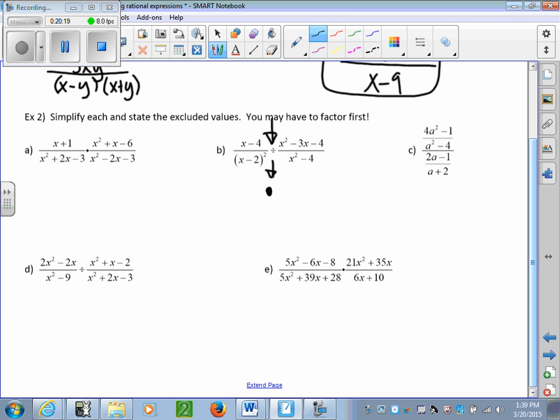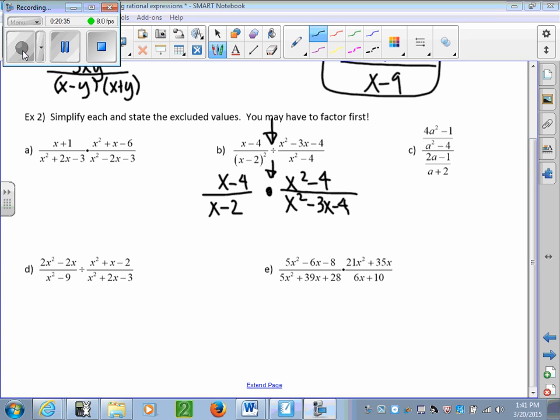So dividing to change to multiplication, I end up with an x squared minus 4 in my numerator, divided by an x squared minus 3x minus 4 in the denominator, and I have x minus 4 and then x minus 2. The first fraction doesn't change. Okay, to see what cancels out, though, first I need to factor wherever it can be factored.